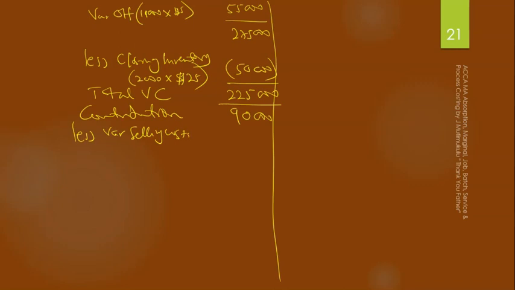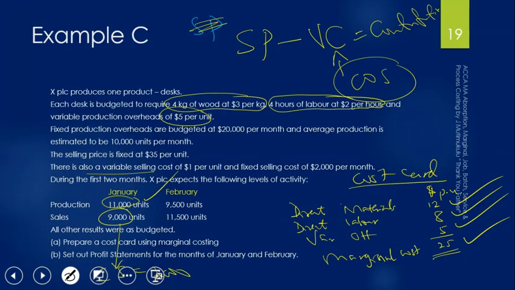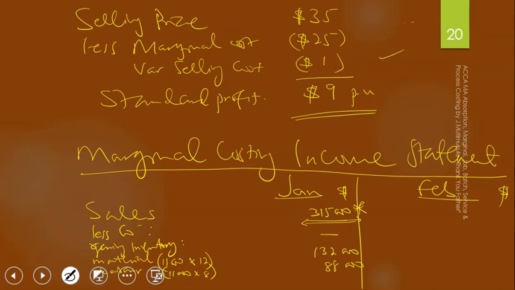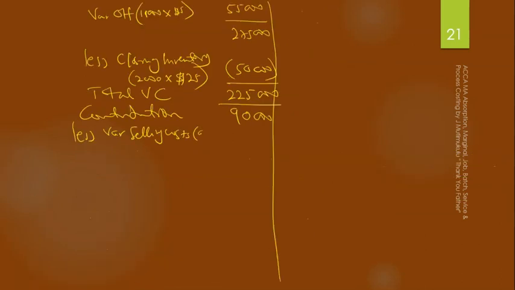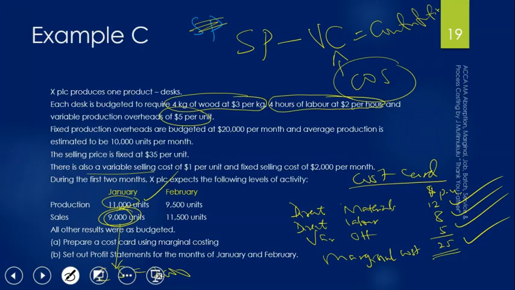For this one, we determined that we sold only 9,000 units in January. So that's 9,000 multiplied by the variable cost per unit, which was $1. Remember, it was $1 from the question. So that's less 9,000 here.